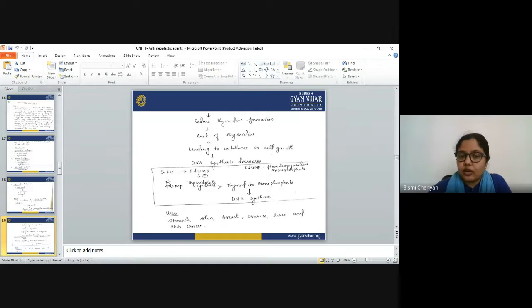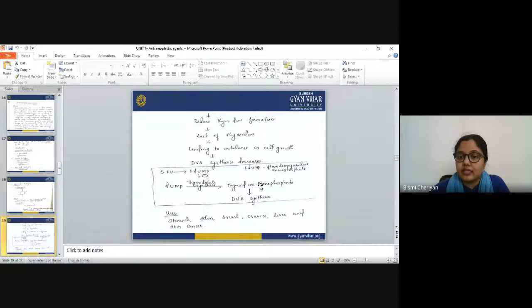First, DUMP is the normal metabolite that is converted into thymidine monophosphate in the presence of the thymidylate synthetase enzyme.